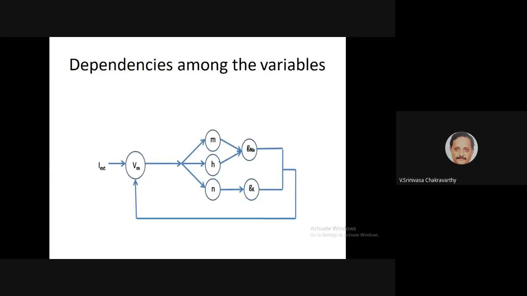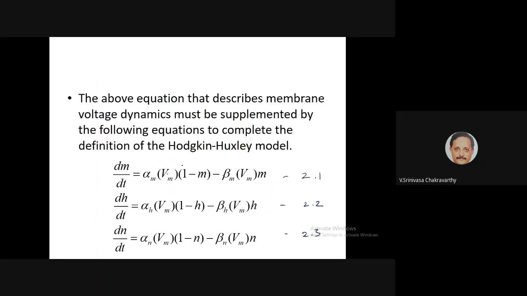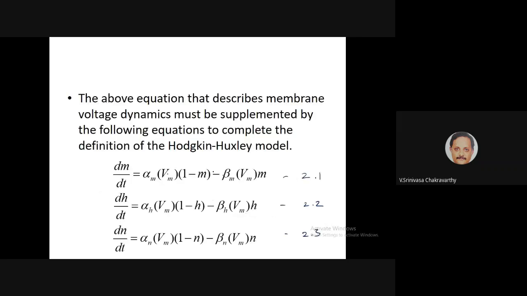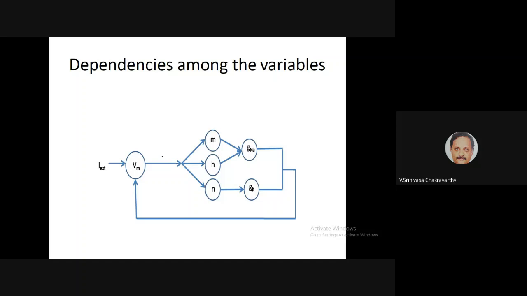To summarize, to look at all the different dependencies of various variables: VM controls the alpha and beta functions by this formula. And the alpha and beta functions determine m, h, and n.